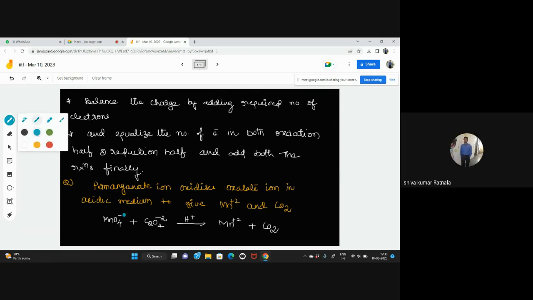Now let me see what we need to do. I calculate oxidation state. So here manganese is plus 7, carbon plus 3, same way carbon here plus 4. Where do we find change in oxidation state? Manganese and carbon. Sir, manganese is plus 4, no, sir? Plus 7, no? Calculate oxidation state over there. Oxygen minus 4 into minus 2, minus 8, so plus 7 equals minus 1.